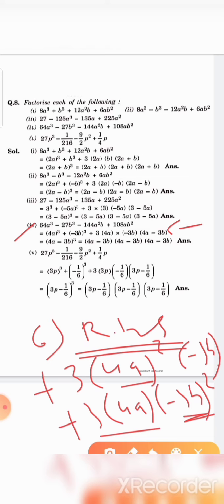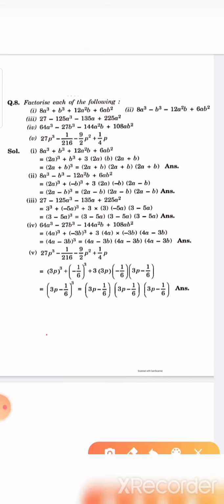So next step we write in the bracket term (4a) whole cube plus (-3b) whole cube plus 3 into 4a into -3b into bracket (4a - 3b), and it will be the factor form of our identity number 6 LHS, and identity number 6 LHS is given by (a + b) whole cube.